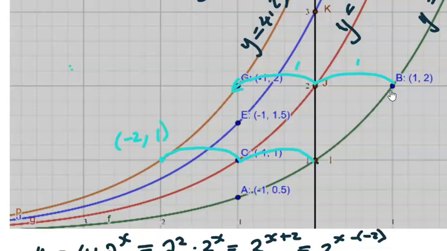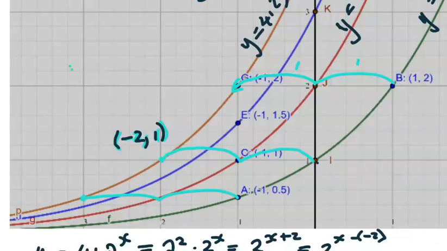Let me just write it in black. Minus 2. And if I look at another point, where x is equal to minus 1, then 2 units will land me at this point here on the orange graph.